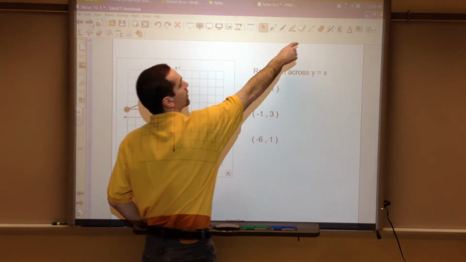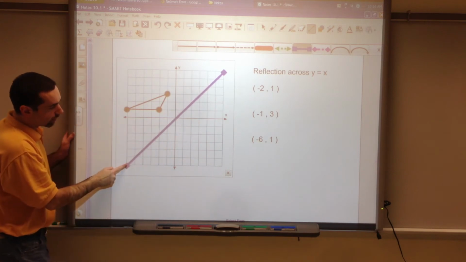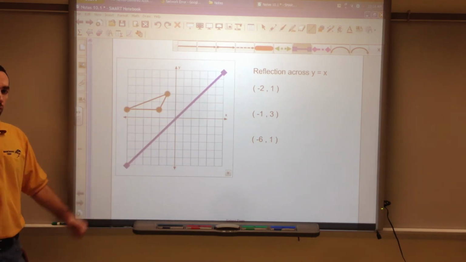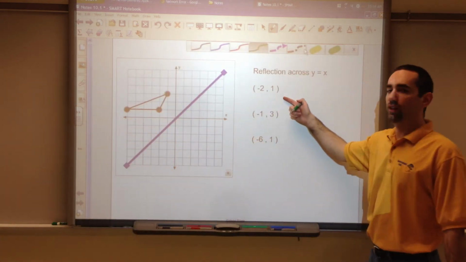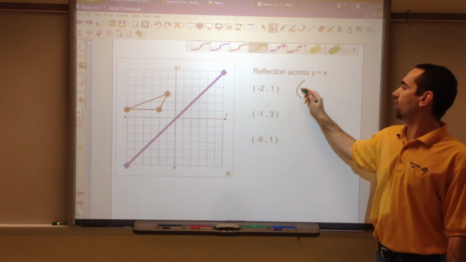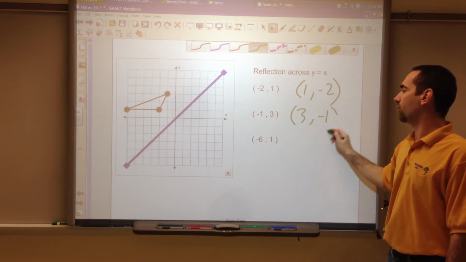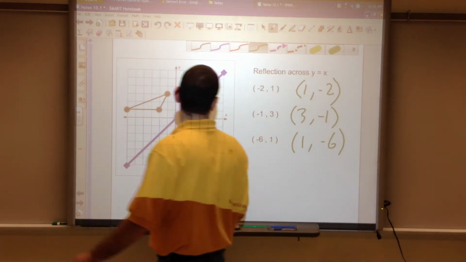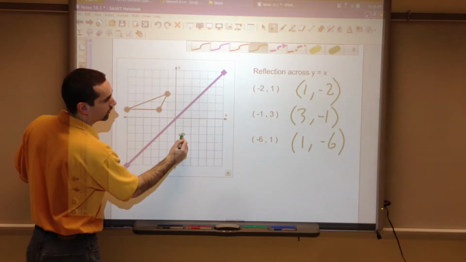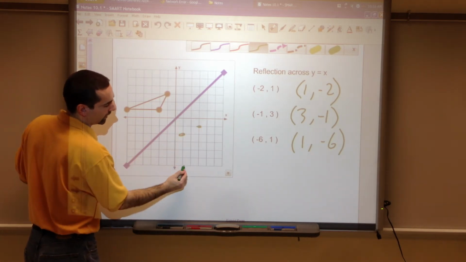Now, this one's a challenging one. Reflection across the line y equals x, which is that blue line. Your coordinates flip-flop. So 1, negative 2. 3, negative 1. 1, negative 6.